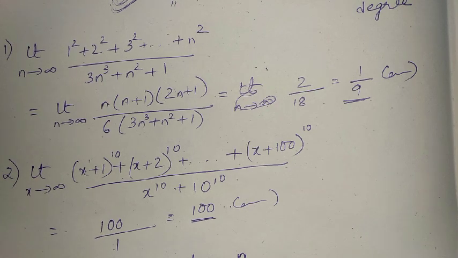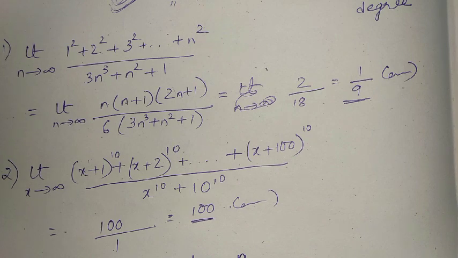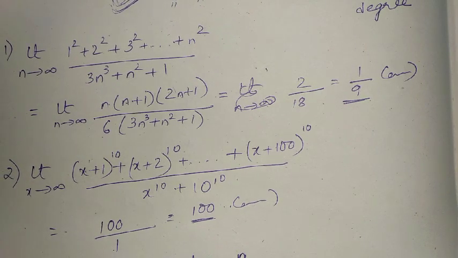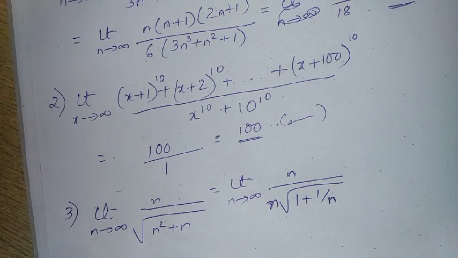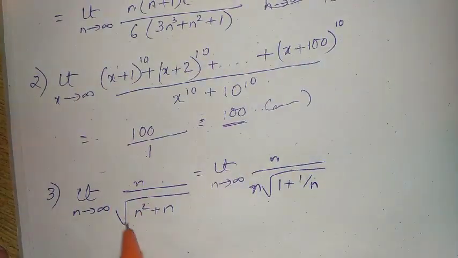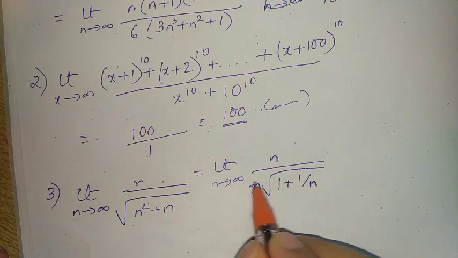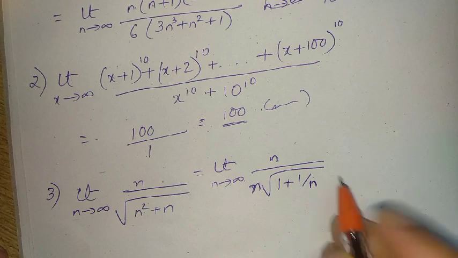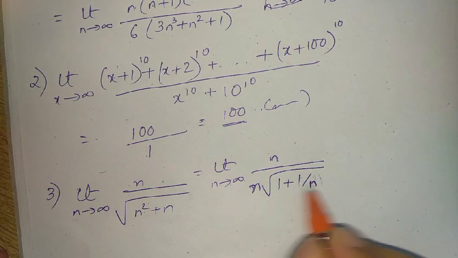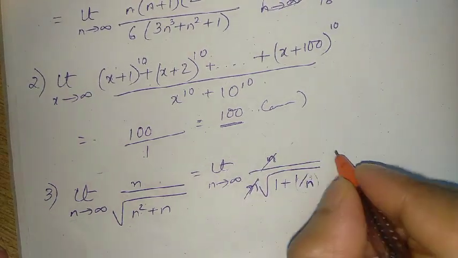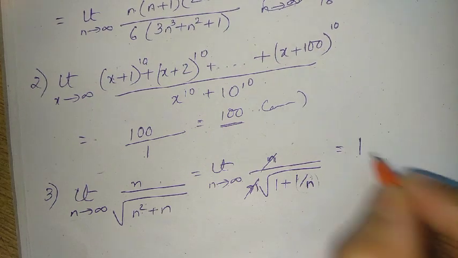Since I'm taking n outside, within the square root n square will be common, so it will be 1 plus 1 by n, and since n tends to infinity, 1 by n tends to 0, and these two n's get cancelled. So the final answer is 1.